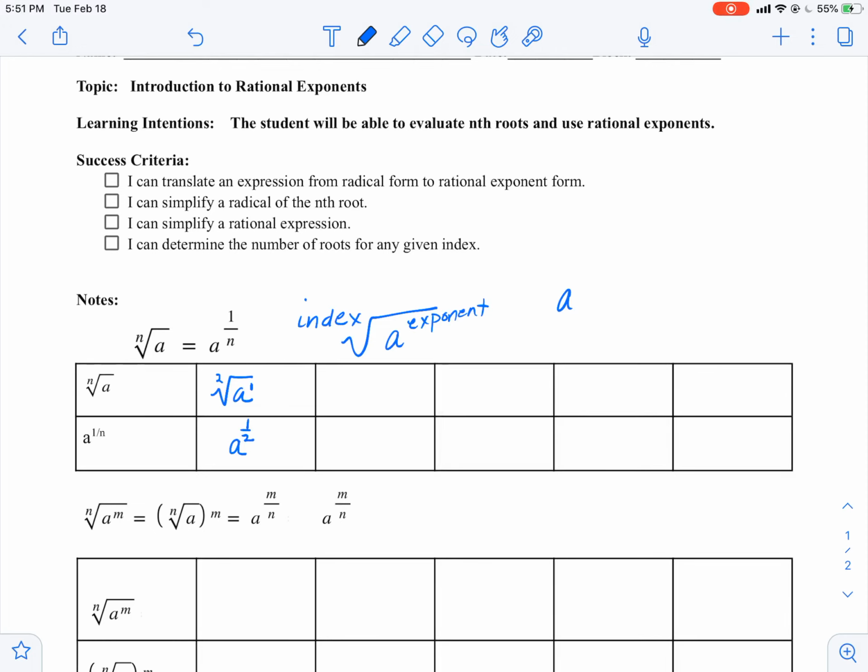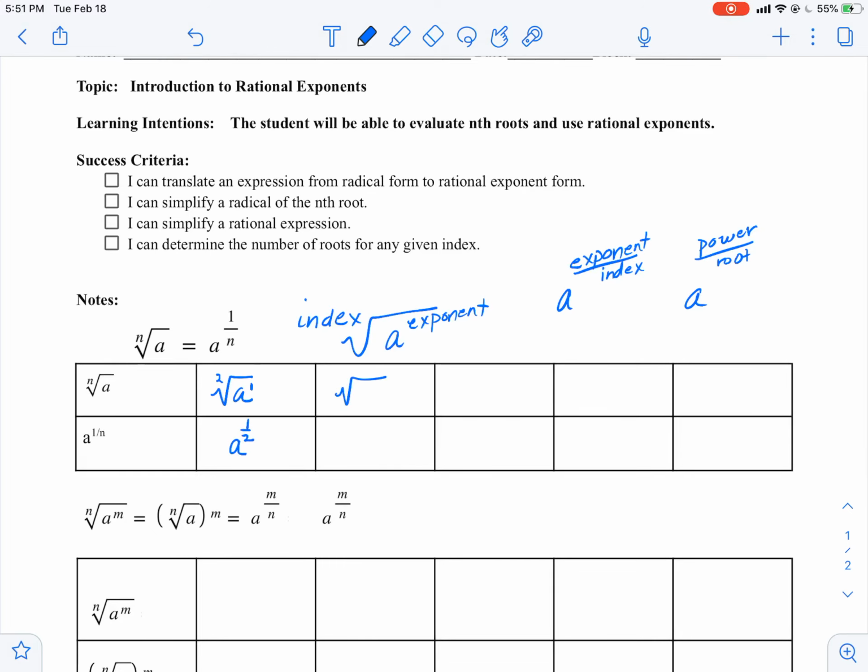Okay, so a exponent over index. Now, a lot of times I will say it as power over root. Some kids like to remember it as that. They can remember those words a little bit easier. And so let's just go through.